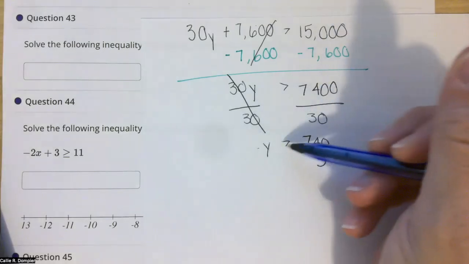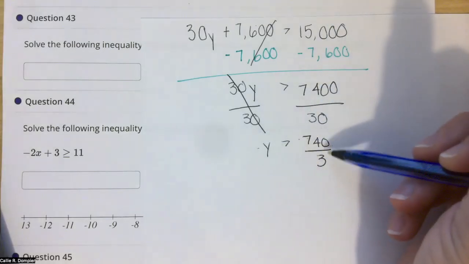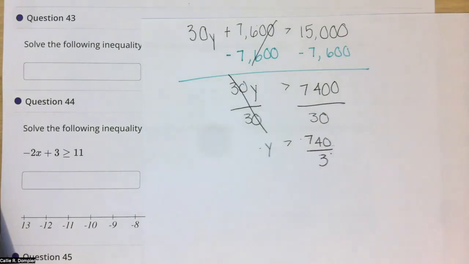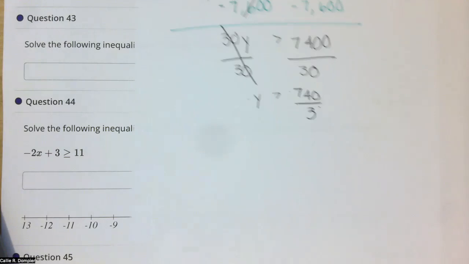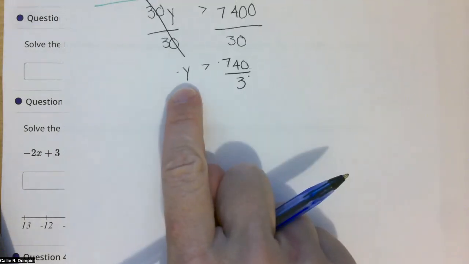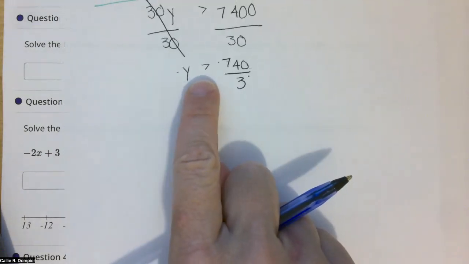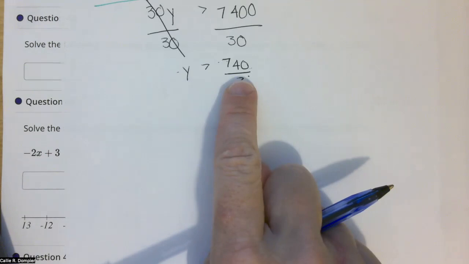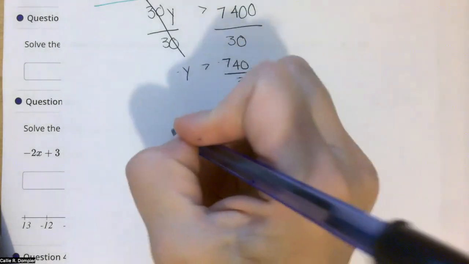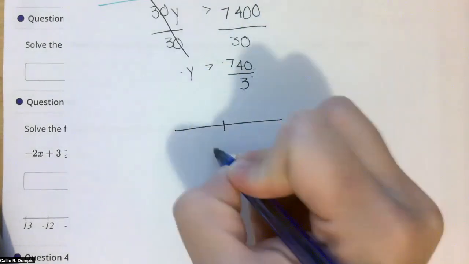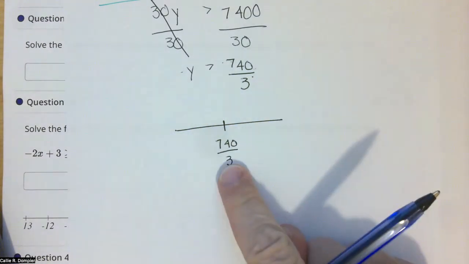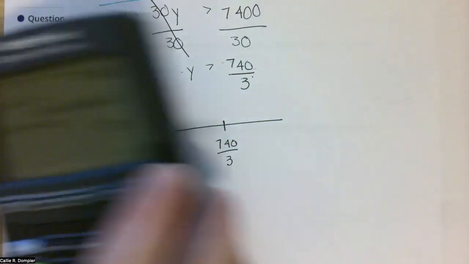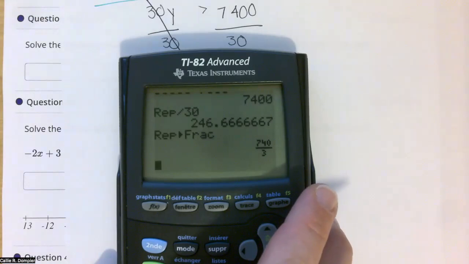So our answer is y is greater than 740 over 3, but answer in interval notation. Okay. Interval notation is we want to say everything greater than 740 over 3. If I picture that on a number line, it doesn't really matter what that number is. It's 246 2/3.